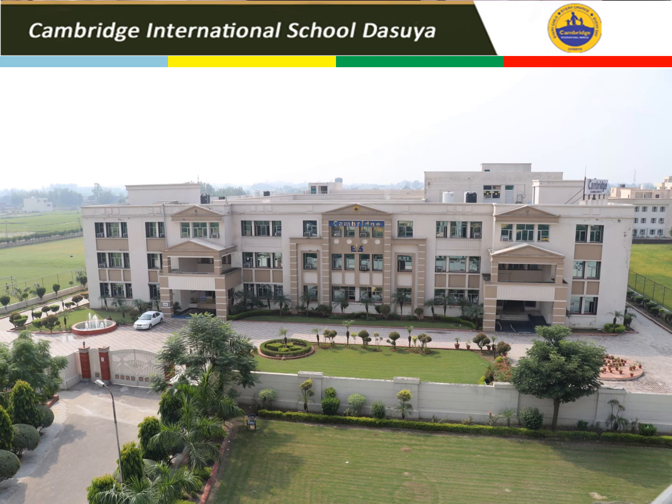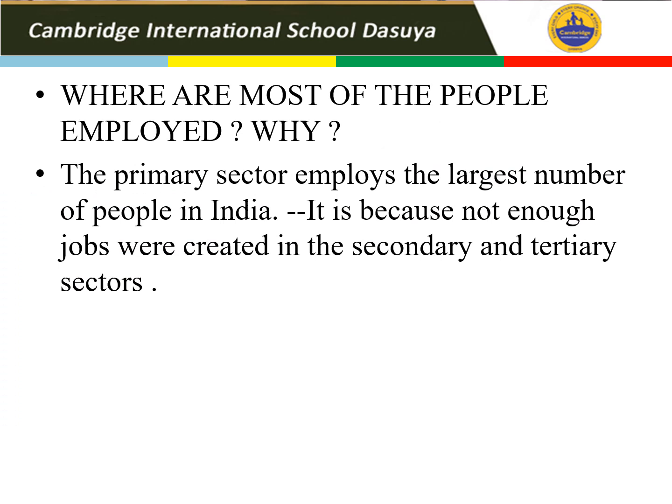Now we're going to continue with the sectors, and here we are talking about the sectors which are providing you most of the employment and why. In India, the sector which is providing maximum employment is the primary sector, as India is a developing country.